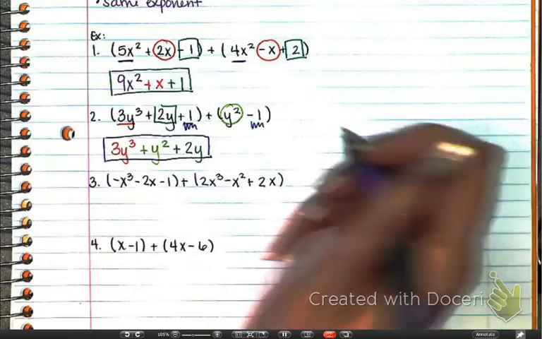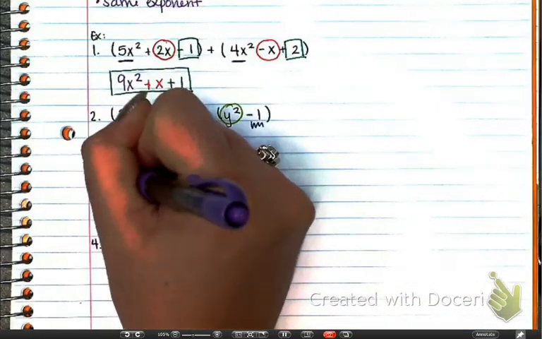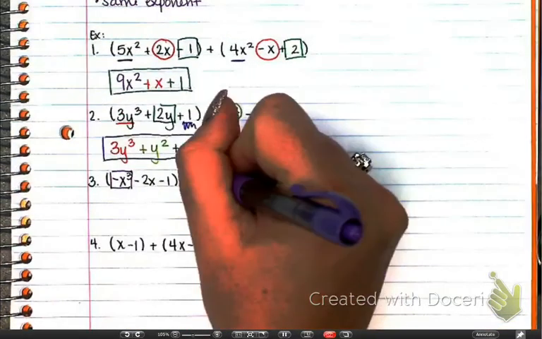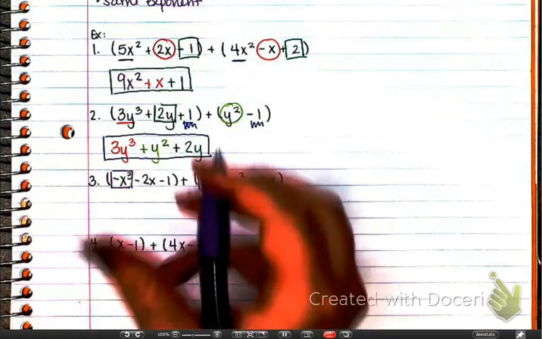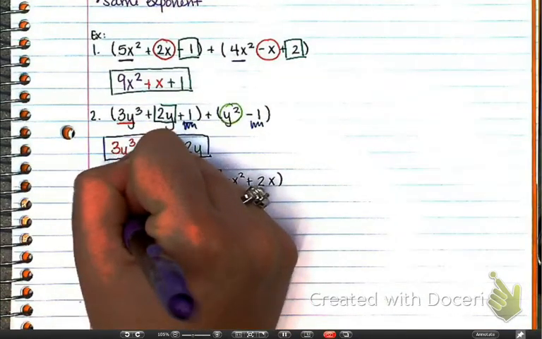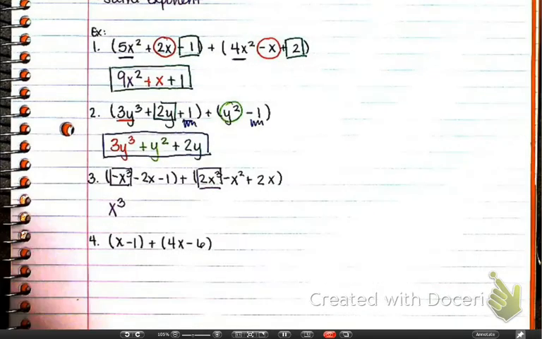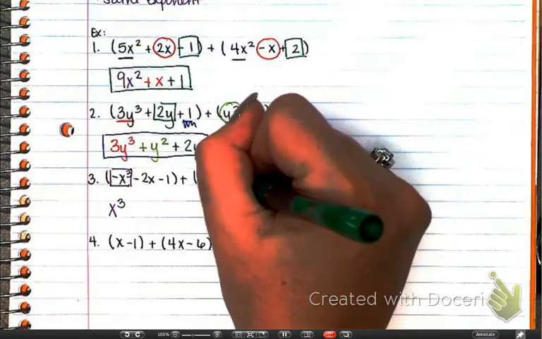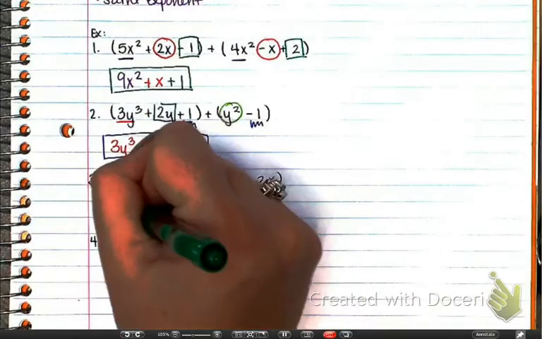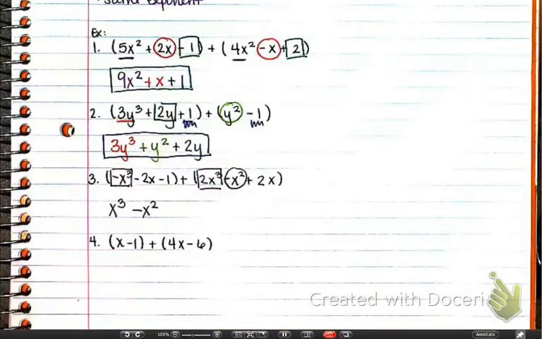Highest exponent, 3, so negative x to the third and a 2x to the third, giving me a 1x to the third, right? Because -1 plus 2 is positive 1. My next highest is negative x squared, and there's nothing to combine that with.